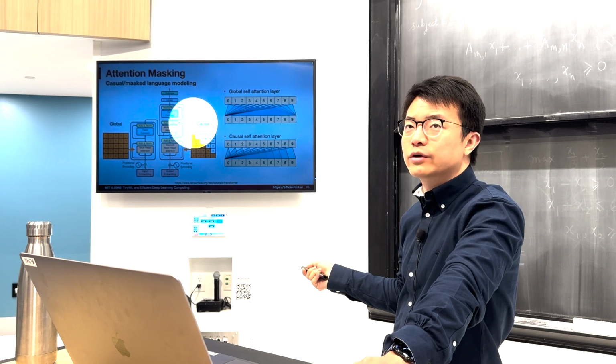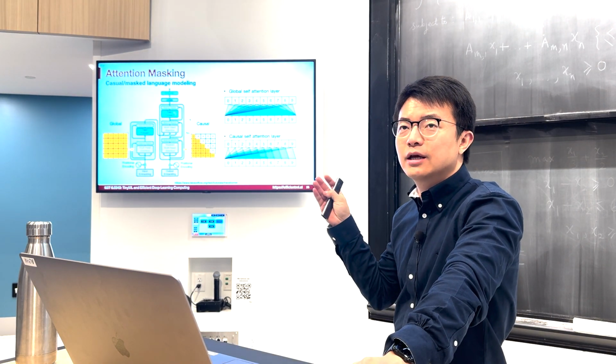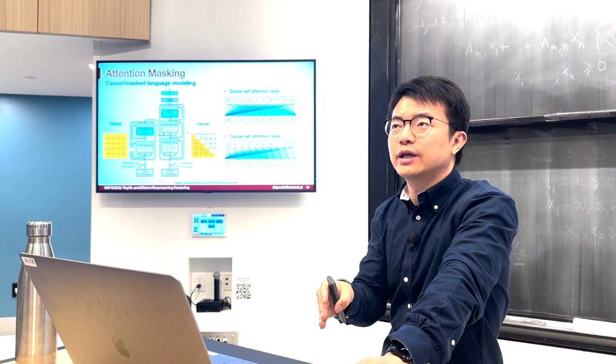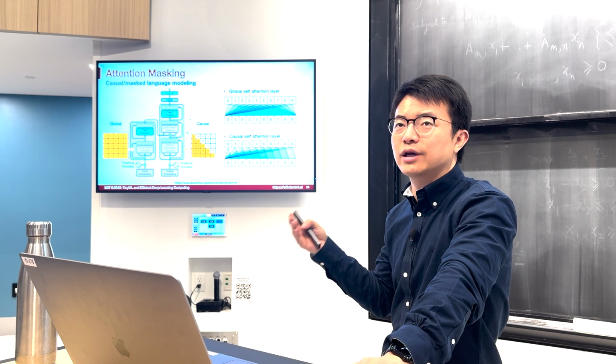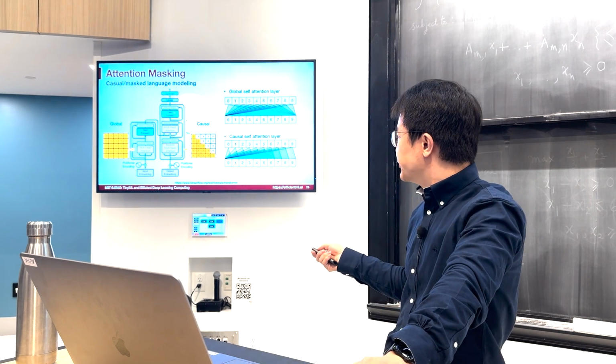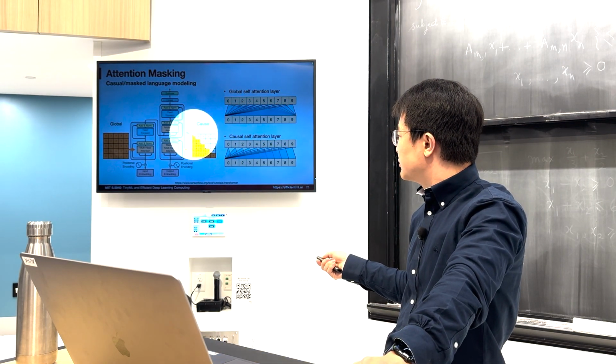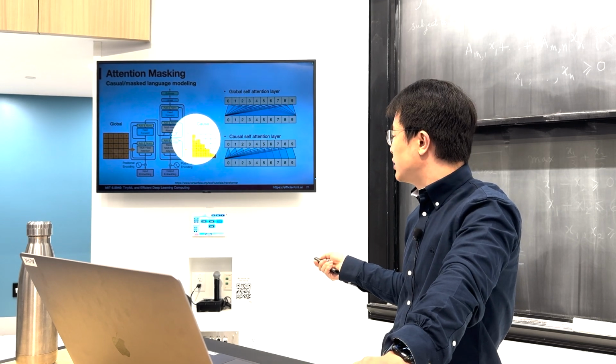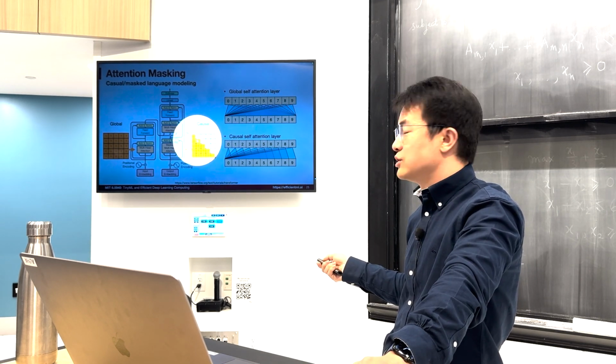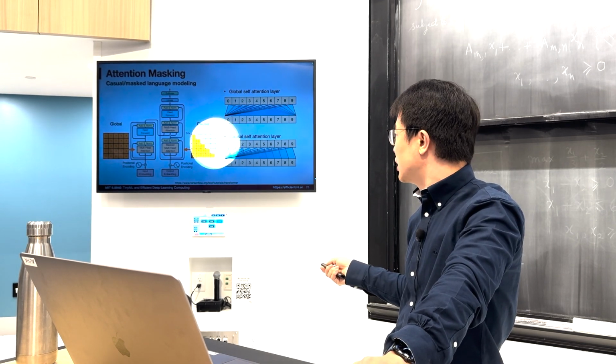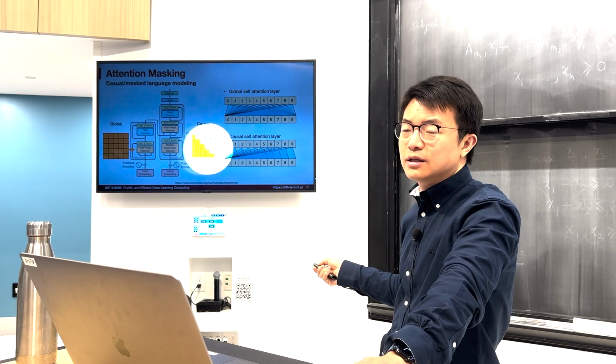Versus causal, where each token can only see everything before it, but it can see nothing after that. We call it causal. So the attention mask is a down triangle, since you cannot see the future tokens, each token can only see the past tokens.